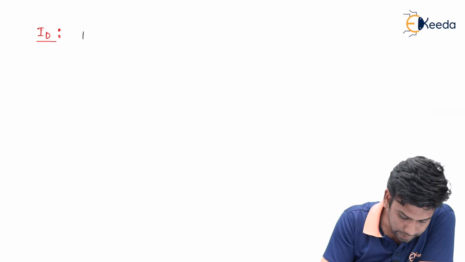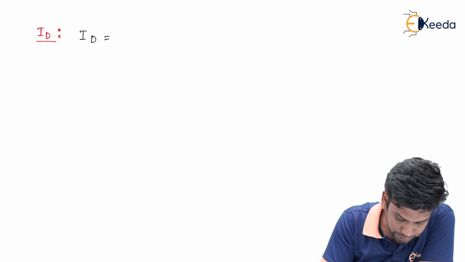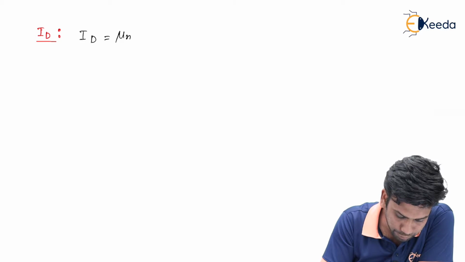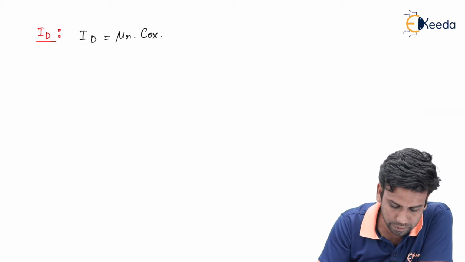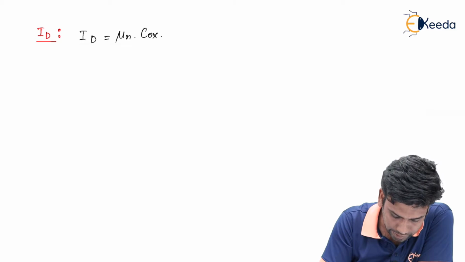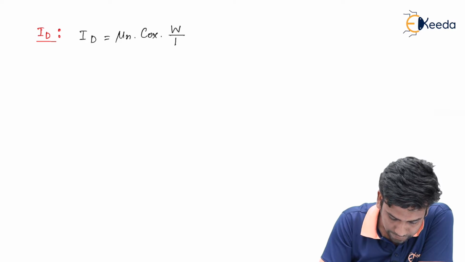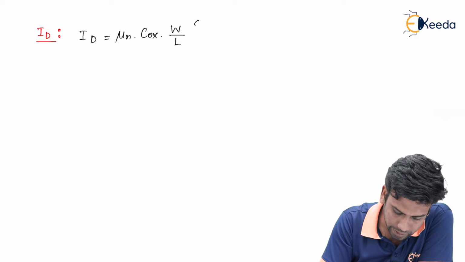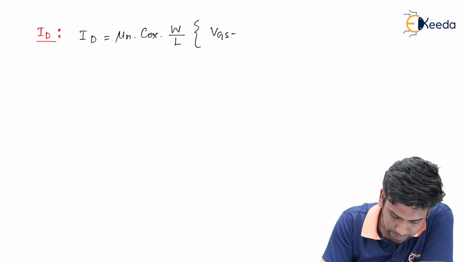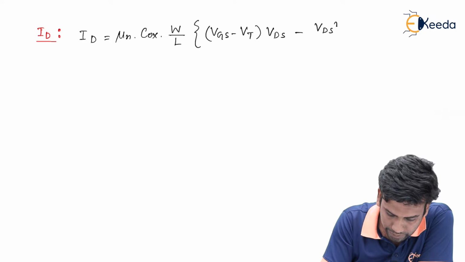The ID current in this triode region is given by the equation ID equals mu n into COX, where COX is the oxide capacitance, into W by L, that is the aspect ratio of the NMOS, into VGS minus VT into VDS minus VDS square divided by 2.